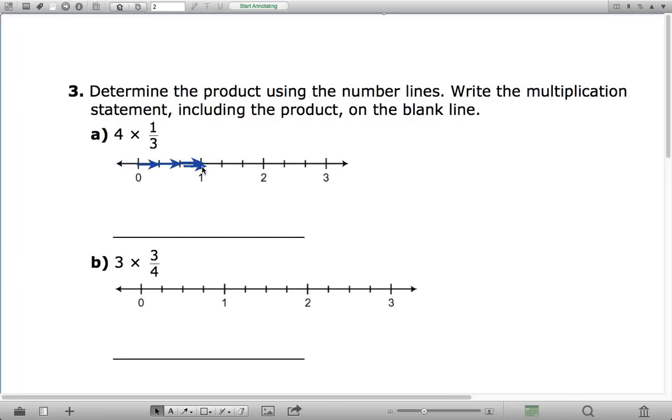Whoops. So you can see that with 4 times 1/3, that will give you, of course, 4/3. And you can see that it's past 1 on the number line. It's 1/3 of the way to 2, so this is 1 1/3.